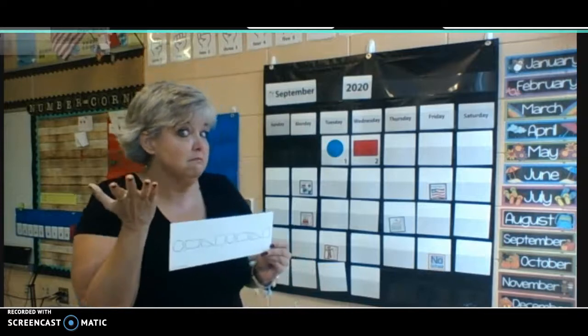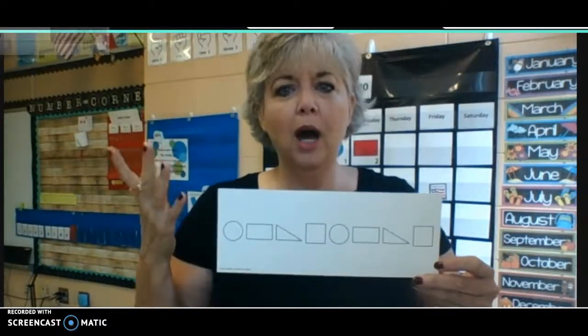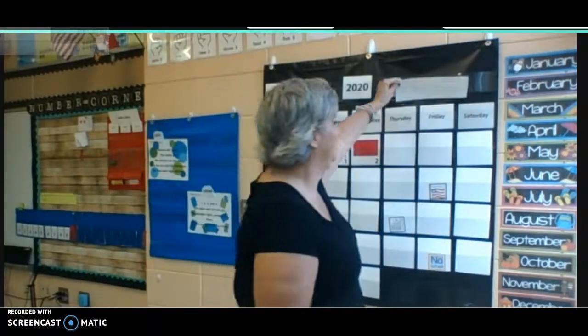So this reminds me of something I've seen. So if we look at this, can we make a guess, or what we call in math a prediction, about what tomorrow's shape will be? We'll have to see if this matches, but you gotta be here tomorrow to see.